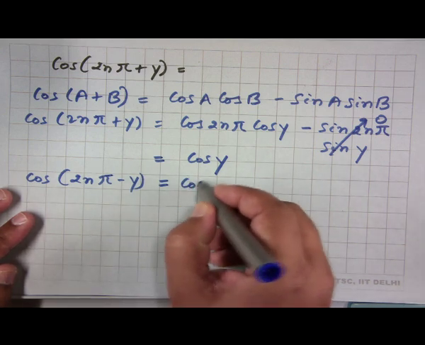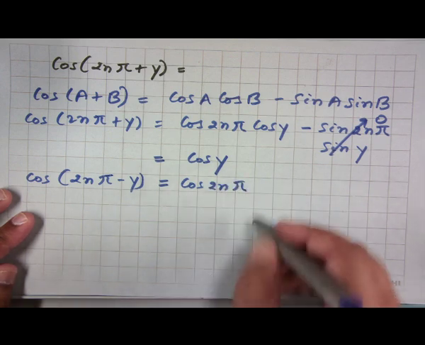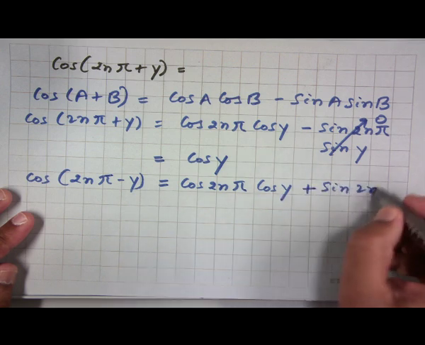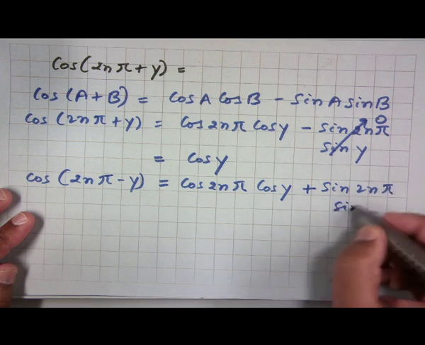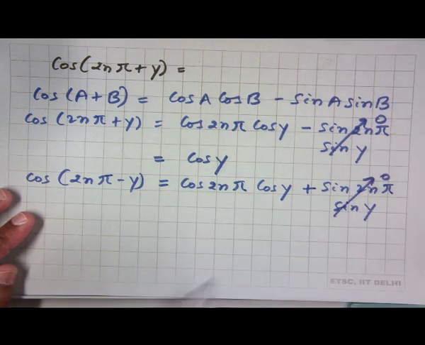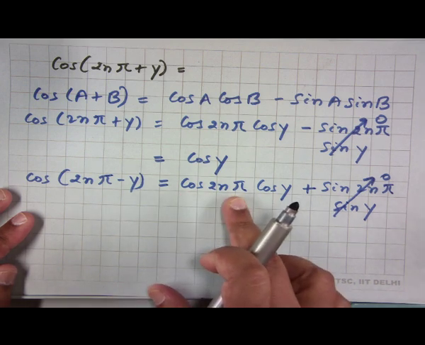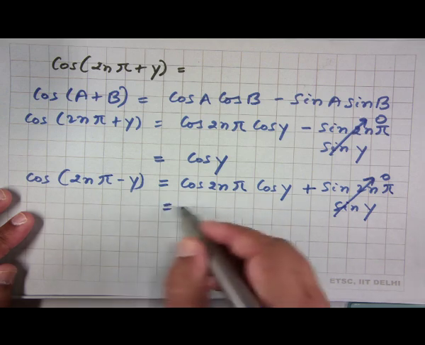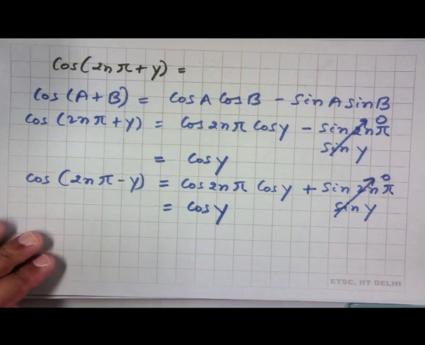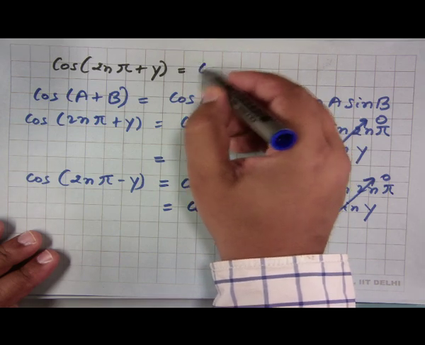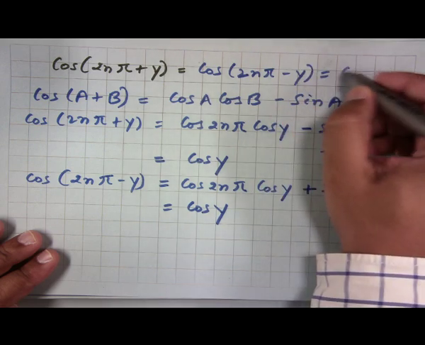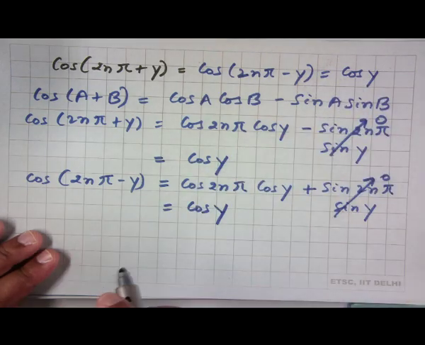So, this becomes equal to cos 2n pi into cos y plus sin 2n pi into sin y. Again, this term is 0, what we saw before, and cos 2n pi is 1 for any integer n. So, therefore, this is also equal to cos of y. So, we have shown that cos of 2n pi plus y is equal to cos of 2n pi minus y is equal to cos of y for any integer n.